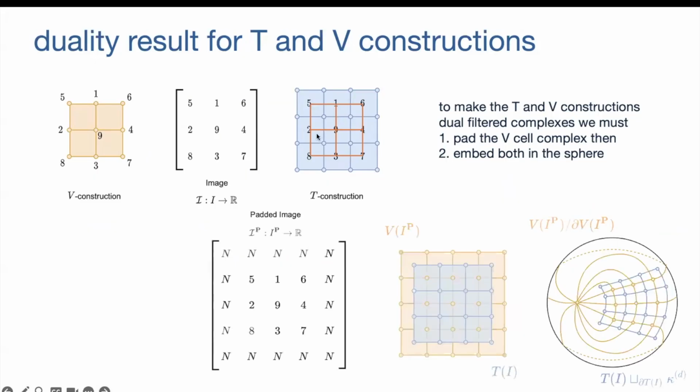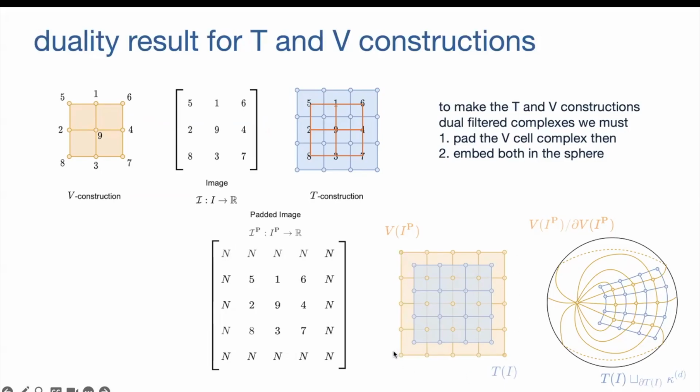That's the question. And in order to obtain something dual to those, I have to pad my image, all right? So here's my initial set of function values on a grid. I have to pad my image out by adding a whole lot of extra cells around the boundary, extra pixels around the boundary, and those extra pixels turn into extra cells here in the V construction.